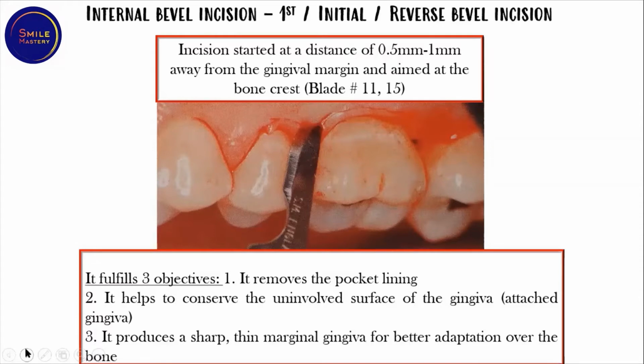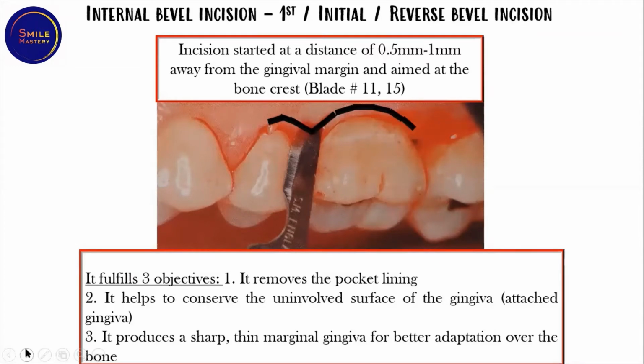So that is why, in case you find there is a slight marginal tissue inflammation, you give an internal bevel incision as shown here. What we do is hold the blade slightly angulated, in the sense it should not be given vertically straight along your tooth.